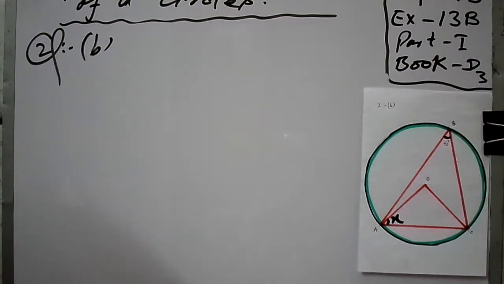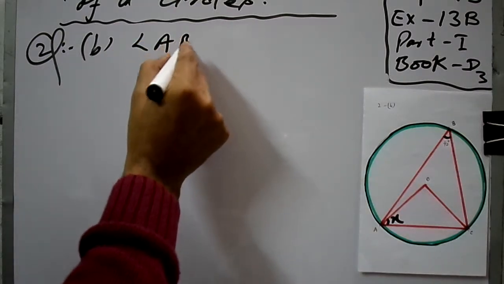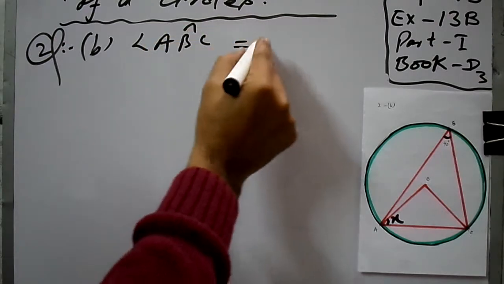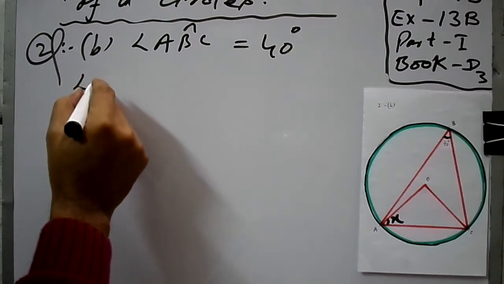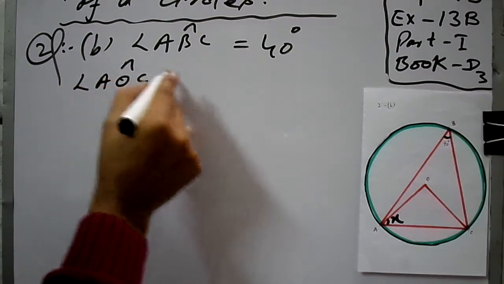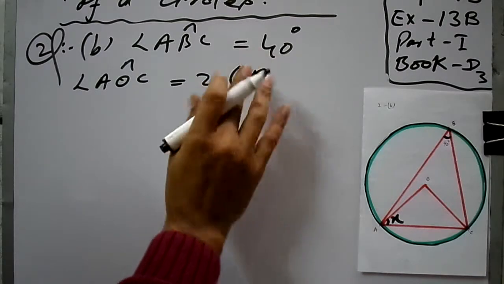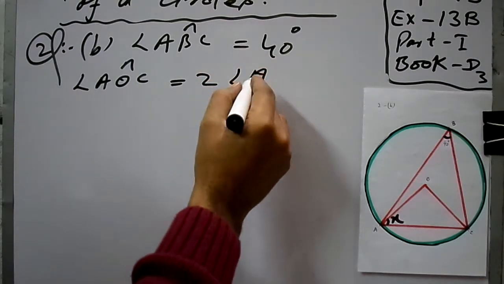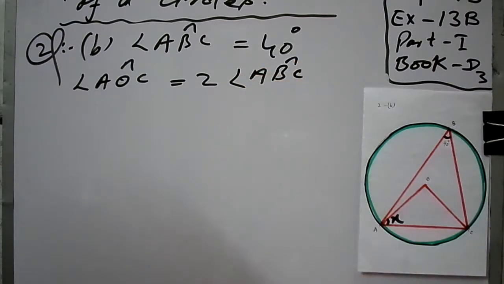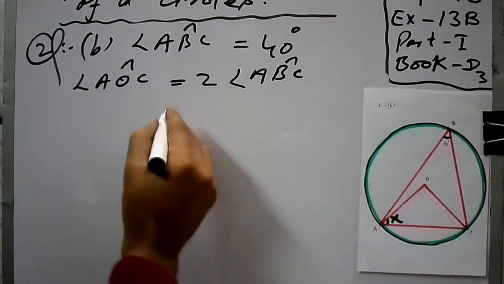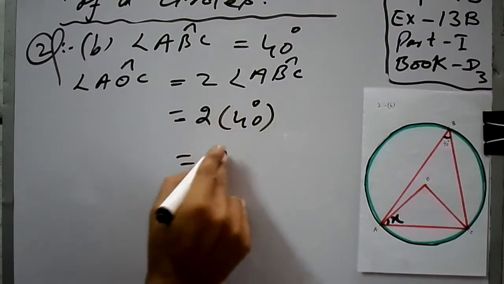In B, once again the 40 is given to you, you can write angle ABC is equal to 40 degrees and angle AOC is equal to twice the angle ABC, that is twice the angle of 40. So multiply it, 2 into 40, you will get 80.